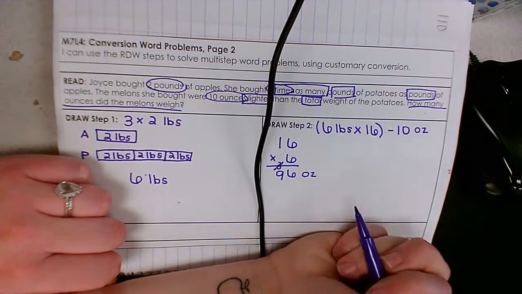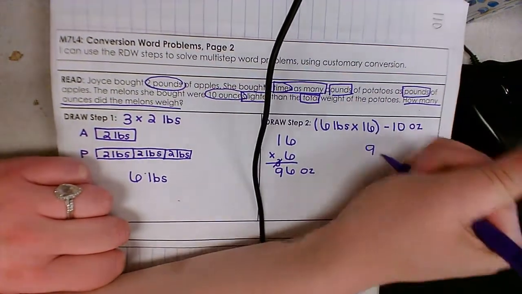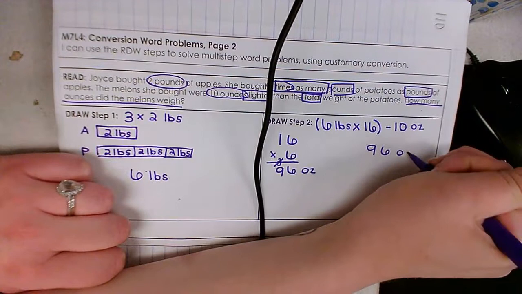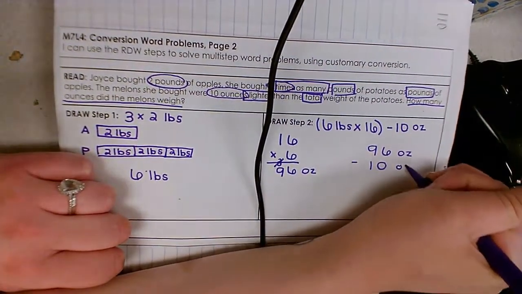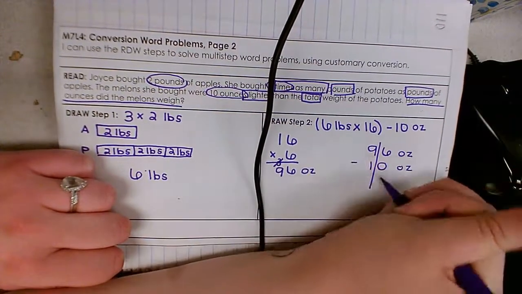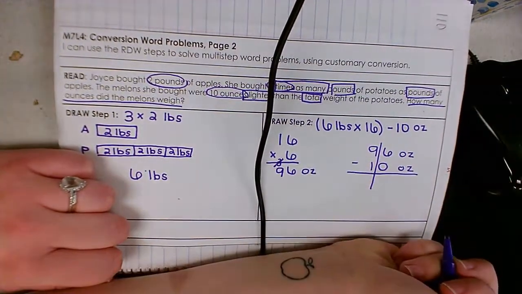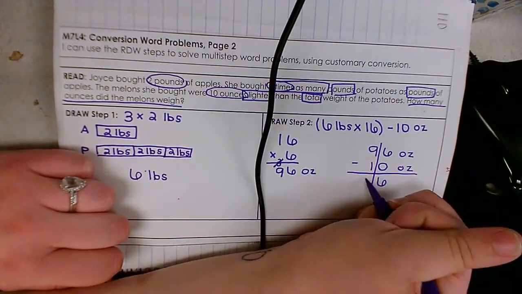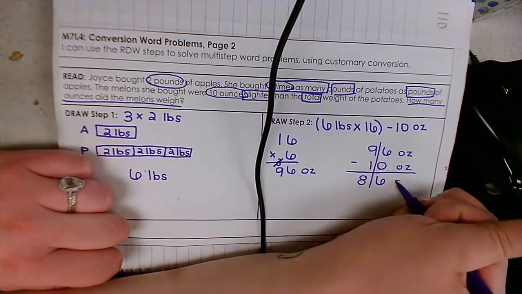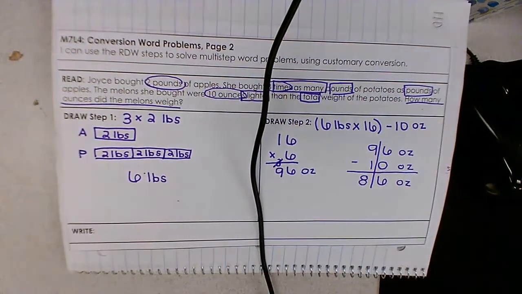Now I have enough to take 10 away. 96 ounces minus 10 ounces. 6 take away 0 is 6. 9 take away 1 is 8. So I'm left with 86 ounces.